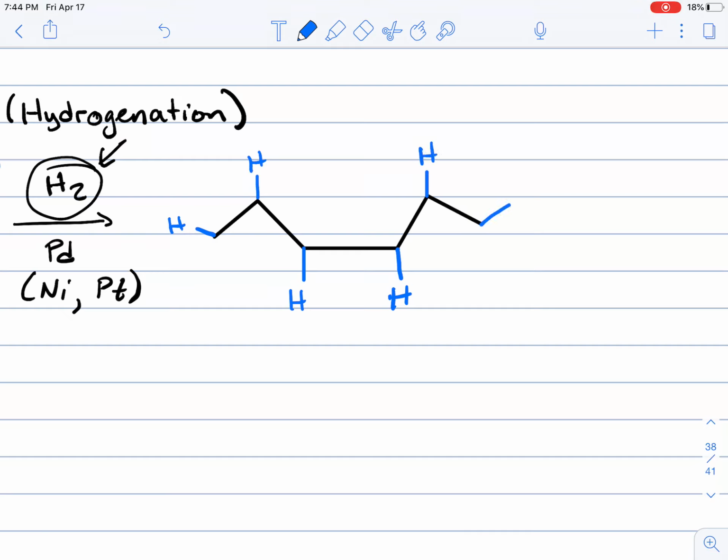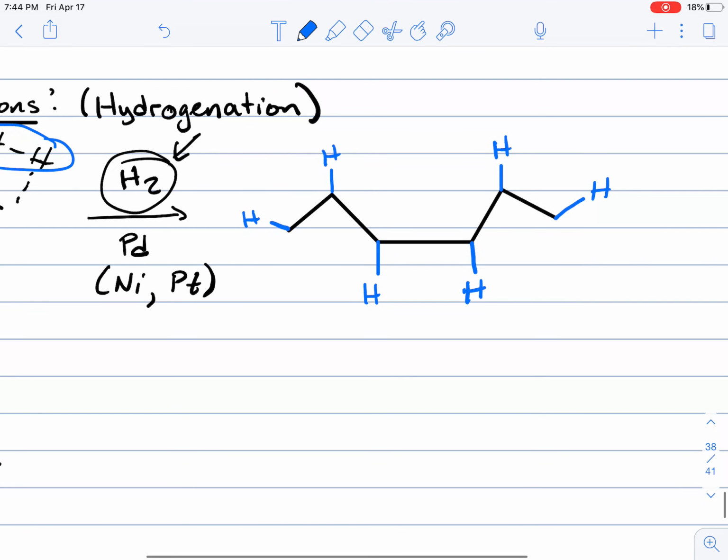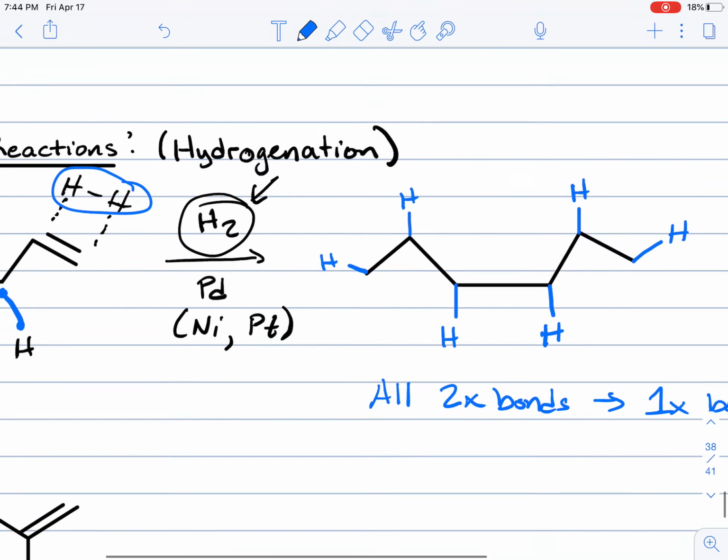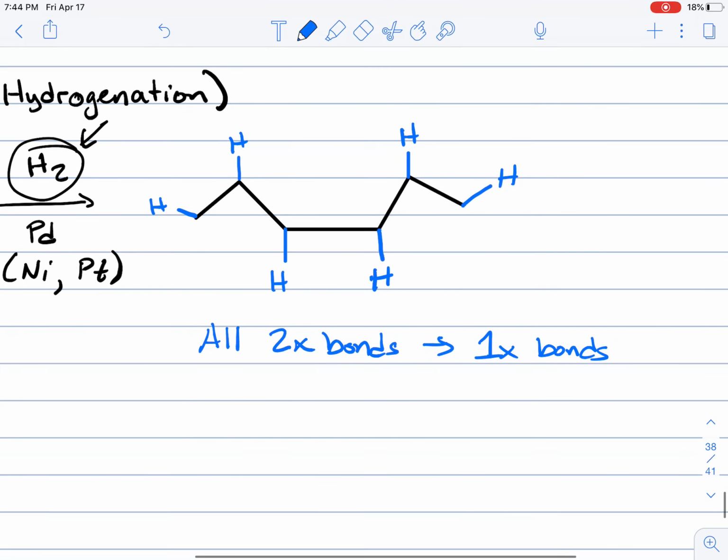And it's going to go ahead and produce this substance. And so long story short, for hydrogenation, all double bonds become single bonds. So all you're doing is you're redrawing the same structure, but without any double bonds.